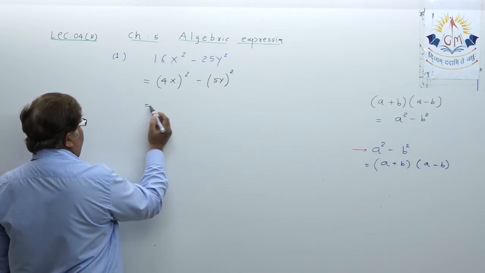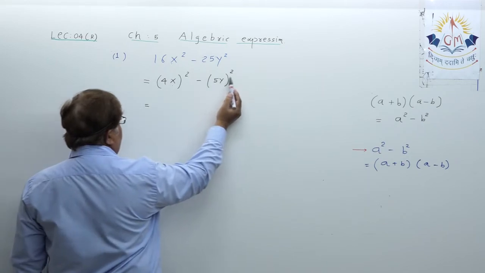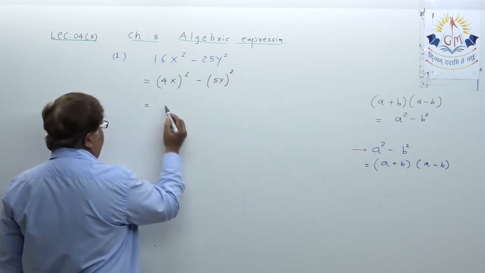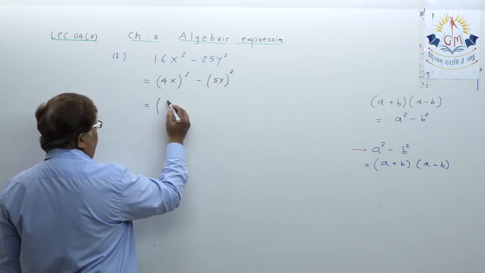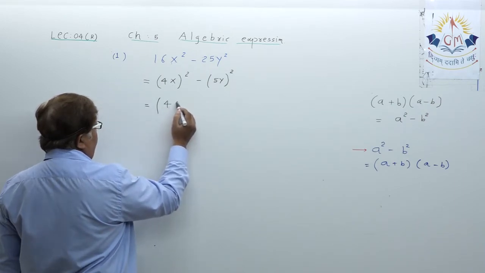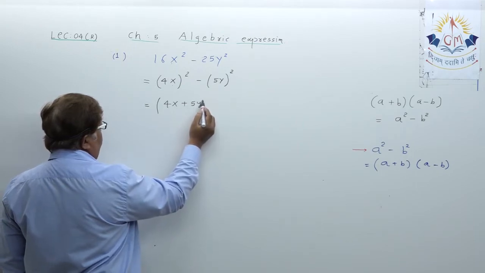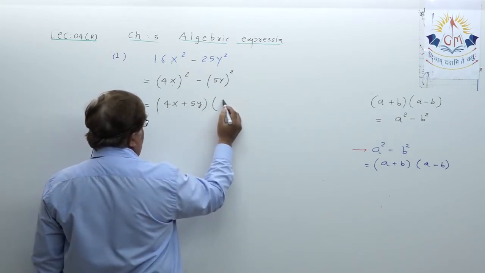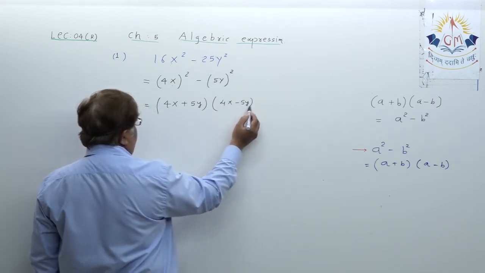Now as you know, this is a square, this is b square. What is the answer? a plus b, a minus b. 4x plus 5y and 4x minus 5y.